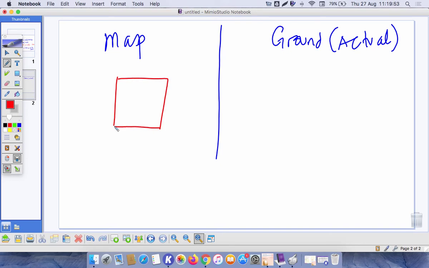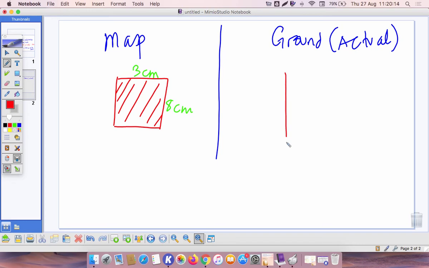It's a rectangular form which is 3 centimeters by 8 centimeters on the map. On the ground, what would be the dimensions of this rectangular field?